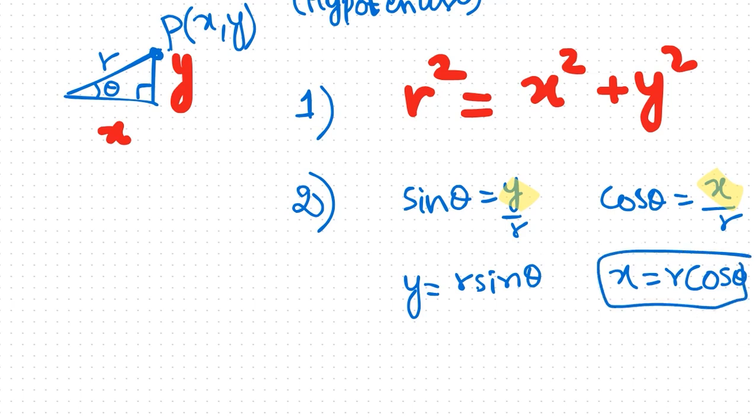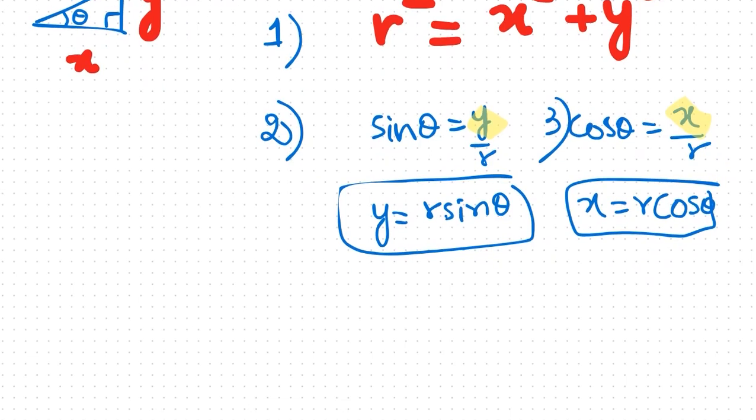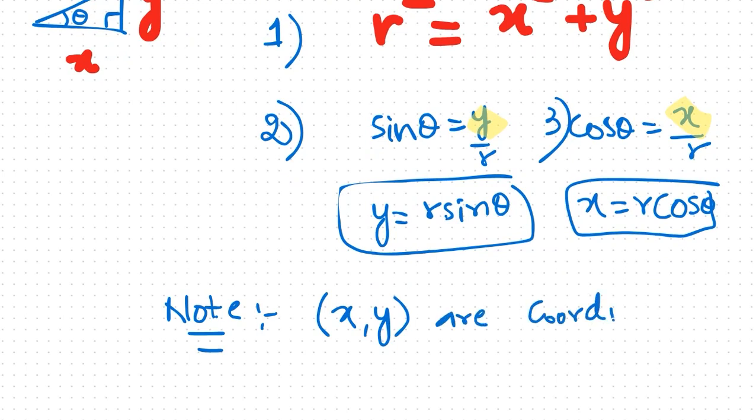So these are important to remember. This is number 3. So few things to keep in mind: x and y are coordinates of the point on the terminal arm.